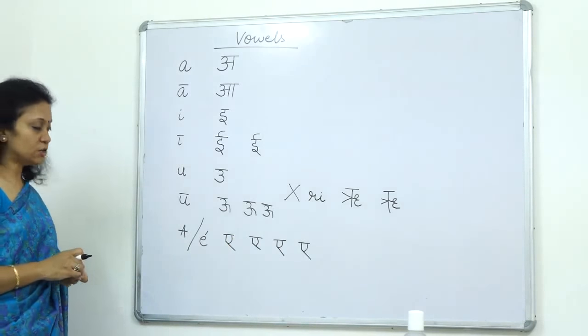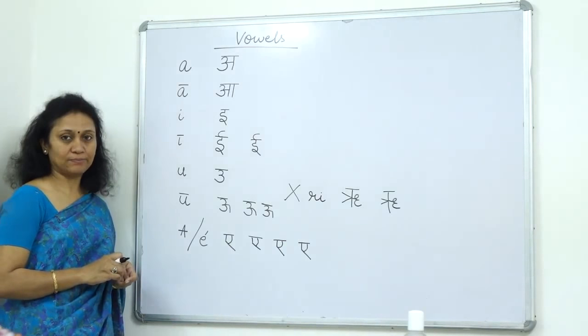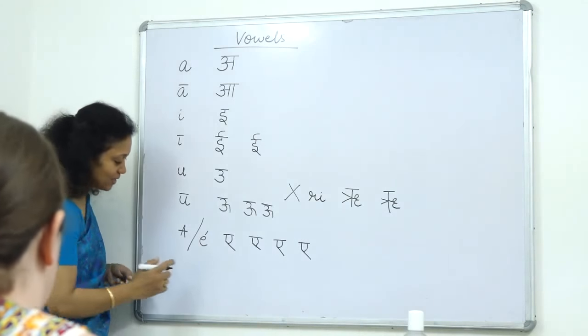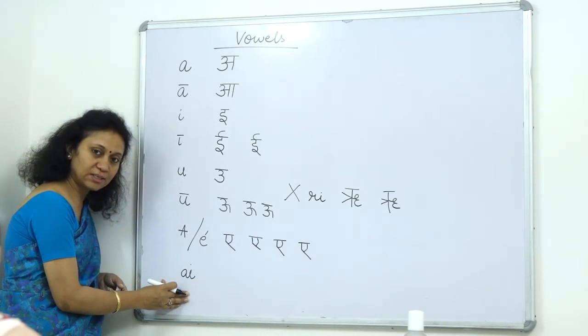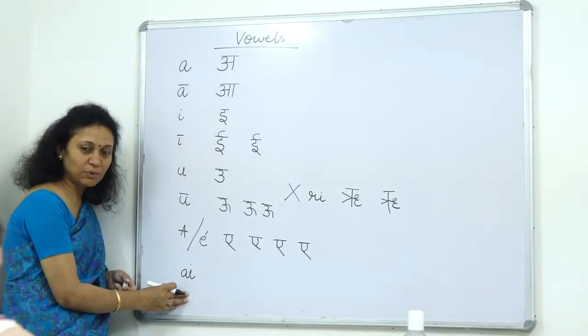Right? So the next sound is going to be A. Make it more A. So for the A, we've been writing A-I till now. Like you say me, right? Hey. All of them have the A sound.